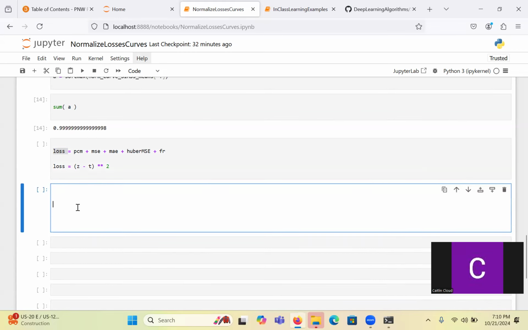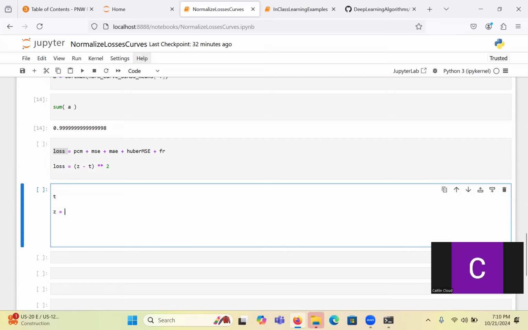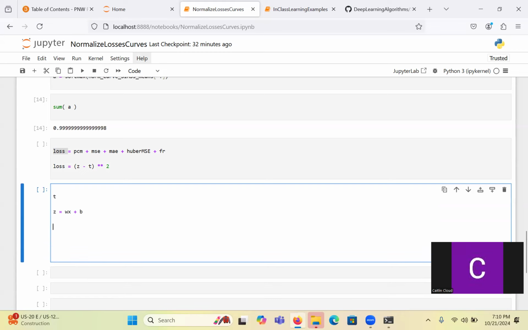Now let's say T is a tensor, and Z, just to keep it simple, is WX plus B. Those are tensors as well. Then we take E, which is the final one, Z minus T squared.